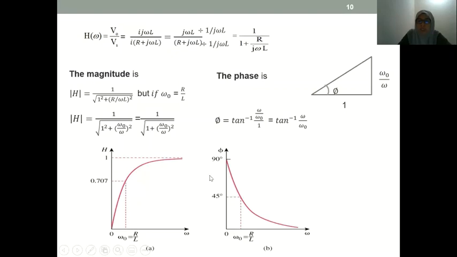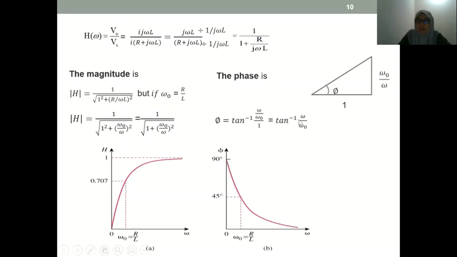For the phase curve, when you substitute your omega equal to 0, you have tangent inverse of 0, which is 90 degree. Inverse of tangent 0 is 90 degree.